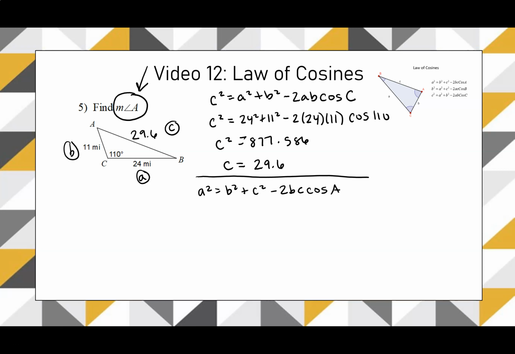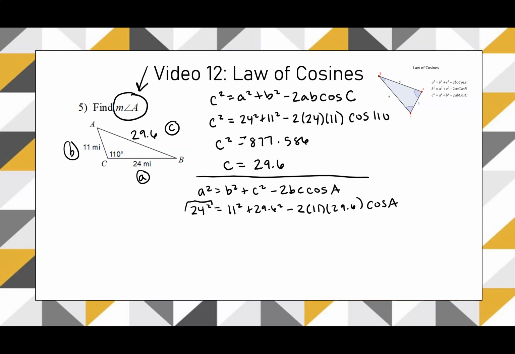Now plugging into that, that's going to give me 24 squared equals 11 squared plus 29.6 squared minus 2 times 11 and 29.6. And then I've got cosine A.